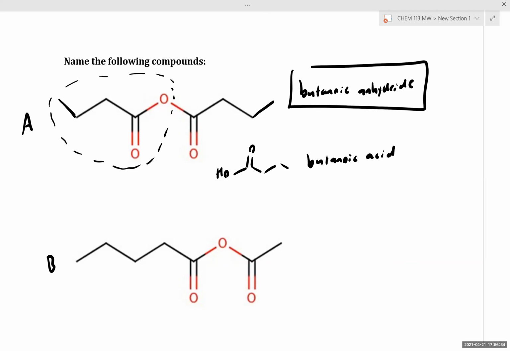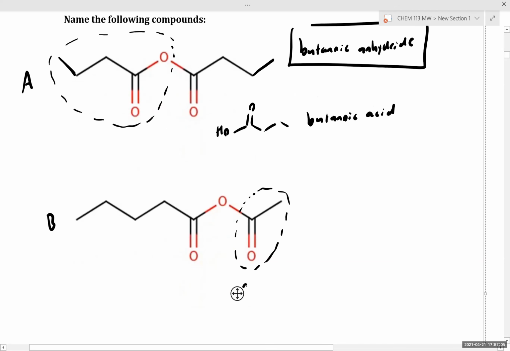Okay, would anyone like to try to attempt to name compound B? Would anyone like to try to name this asymmetrical anhydride? So we've noted this acetic acid derived side chain.